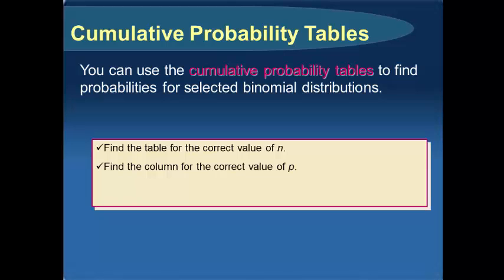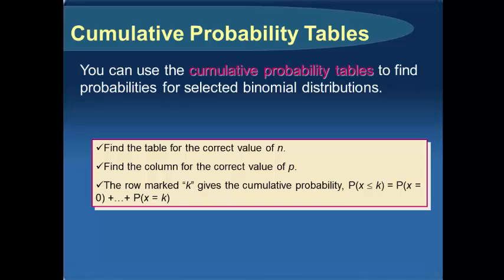Second, find the column for the correct value of p. And find the row marked k, which gives a cumulative probability. Probability of x less than or equal to k is equal to the probability of x equal to 0 plus, until the probability of x equals k.